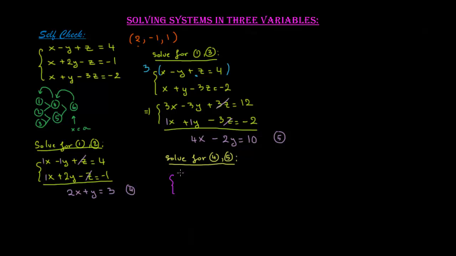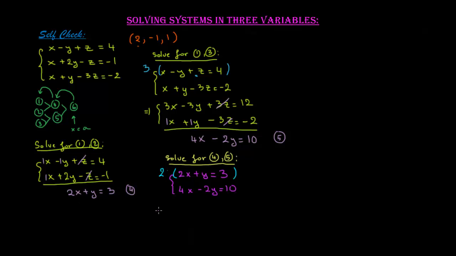So equation 4 is 2x plus y equals 3, and equation 5 is 4x minus 2y equal to 10. We try to eliminate one variable. We can eliminate either x or y, but right now y is already opposite, so I'm going to eliminate y by multiplying the first equation by 2.